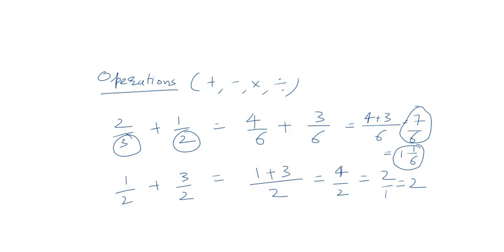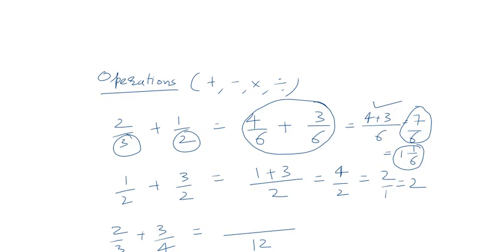One or two extra examples I will take, that is better. 2 by 3 plus 3 by 4. If you become an expert, you can skip this step and go directly to this step. That is what I'm doing here: 17 by 12.